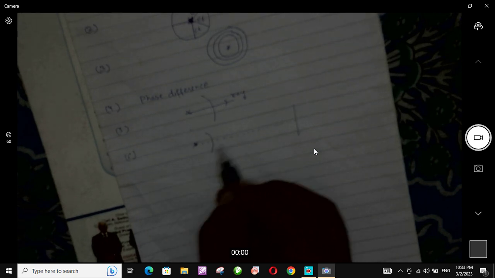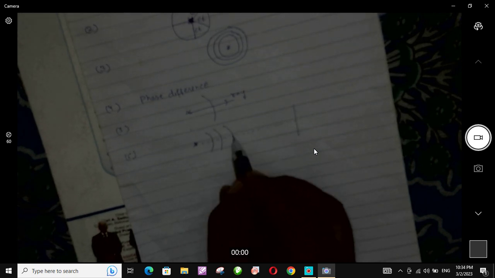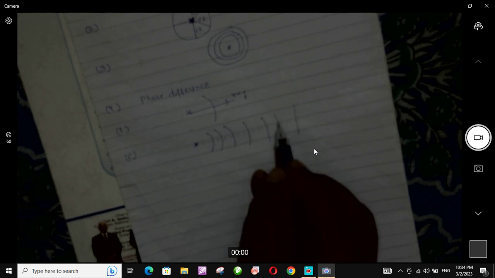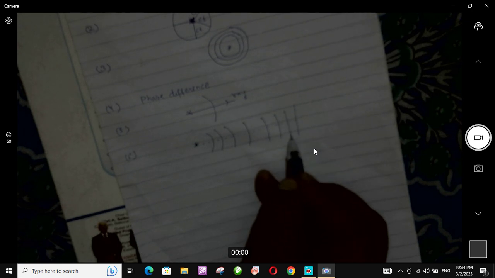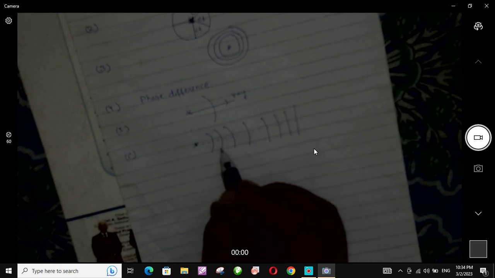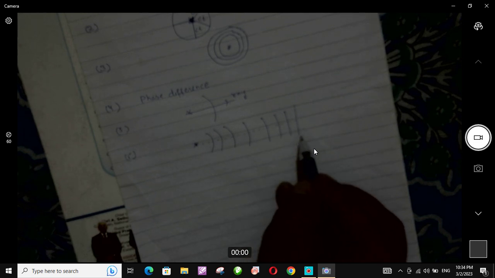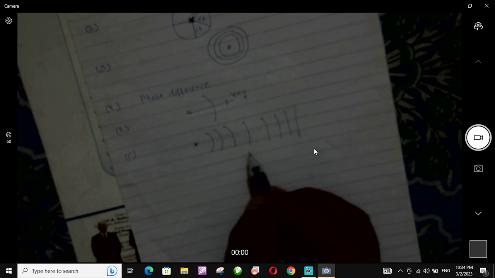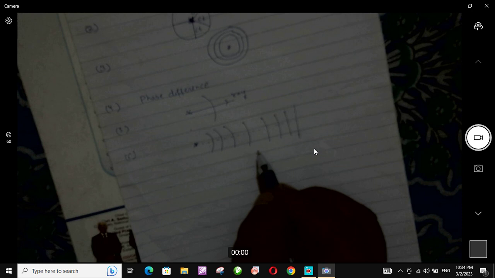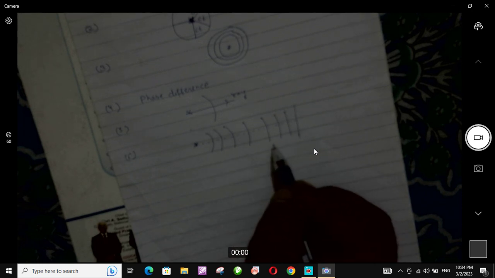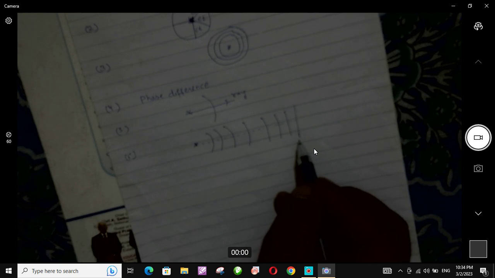So if distance is less from the point source, wavefronts are spherical, but as we go away from the source, this curvature of the wavefronts minimizes and we get a plane wavefront. So we can say that at a large distance, a spherical wavefront becomes a plane wavefront. So if the distance is very large, then the wavefront will be a plane wavefront.